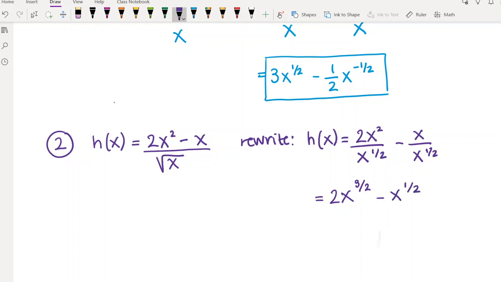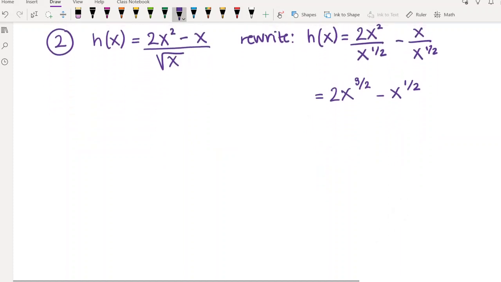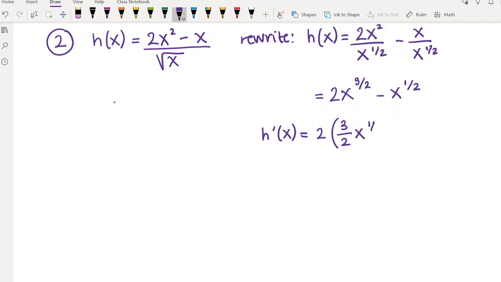So if we've rewritten it and we have this as our new function, well, now we can just use the power rule. We don't need to bother with the quotient rule anymore. So how does the power rule work? We'll leave this 2 to the side. We'll bring down the 3/2, and then we'll subtract 1 from 3/2. So 3/2 minus 1 is going to give you 1/2.